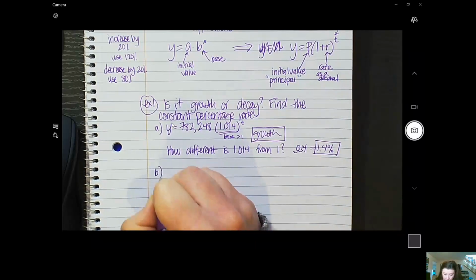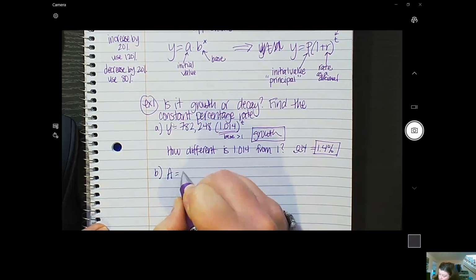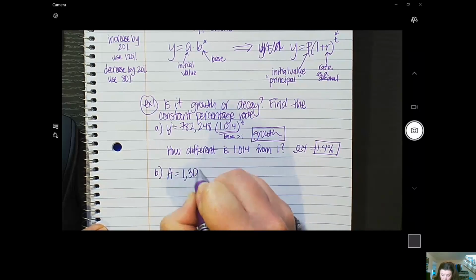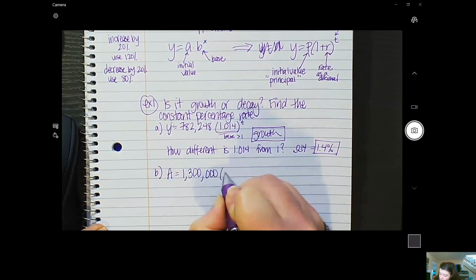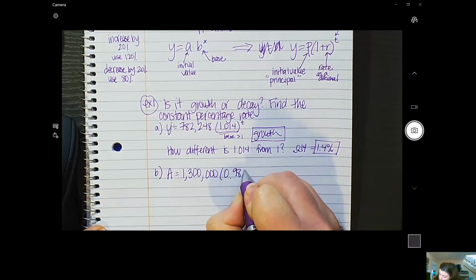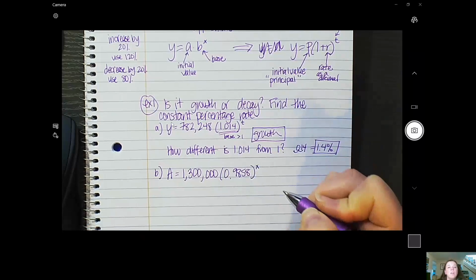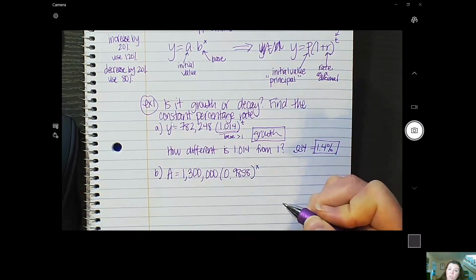Let's look at B. A equals 1,300,000 times 0.9858 to the x power. Now, don't be alarmed by them using different letters.